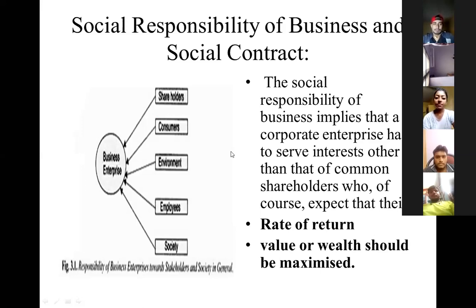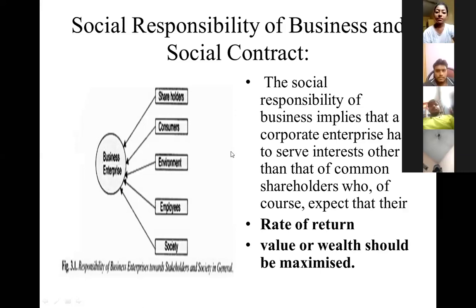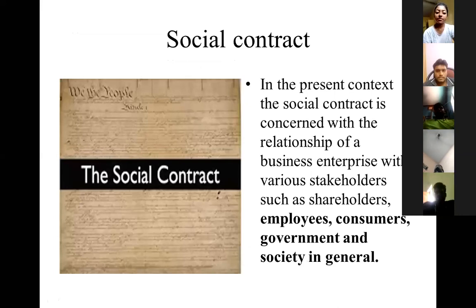That is, the business should take more steps to raise the profit in such a way that the shareholders get high returns. But this is not the only main aspect; they also have to take care of the stakeholders. As I said, stakeholders are the ones who are mainly responsible for gaining the profit of a business. That is why we call it a social contract.